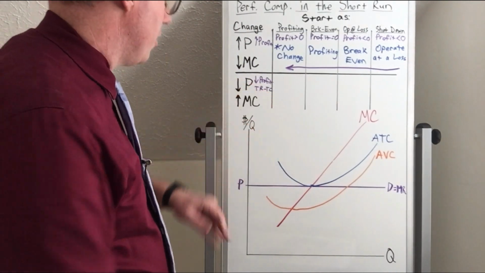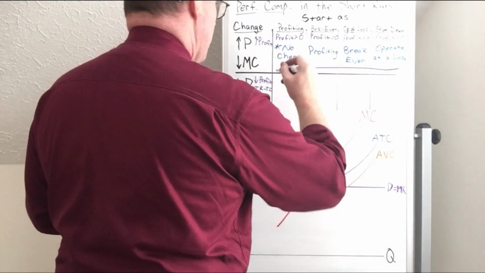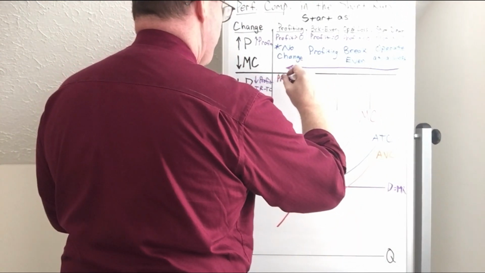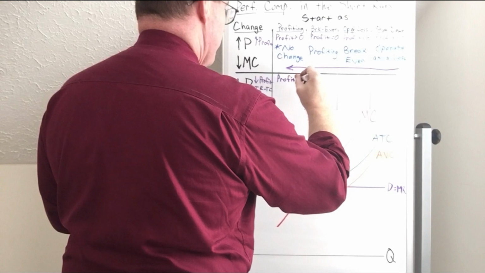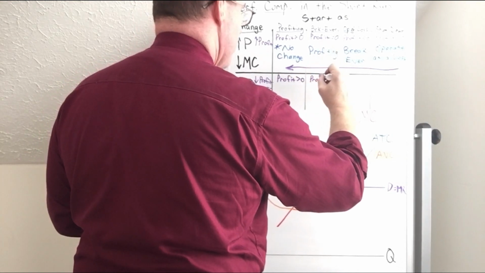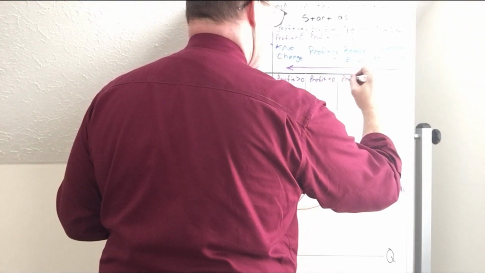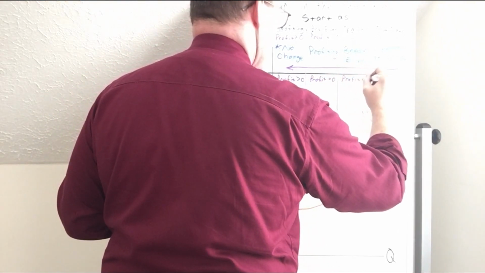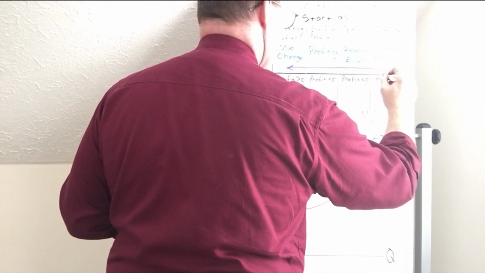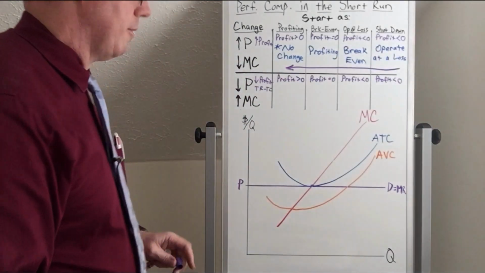But what happens if marginal cost goes up or price goes down? Well, that means profit is going to be going down. So originally here, profit is greater than 0. Under break even, profit equals 0. Under operating at a loss, profit is less than 0, and profit is also less than 0 under the shutdown decision.